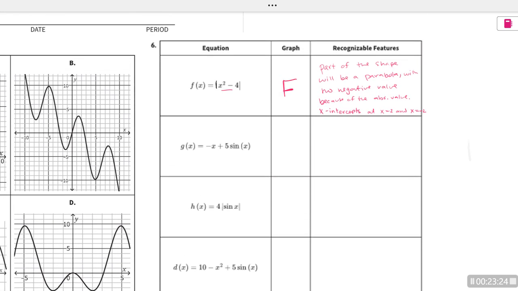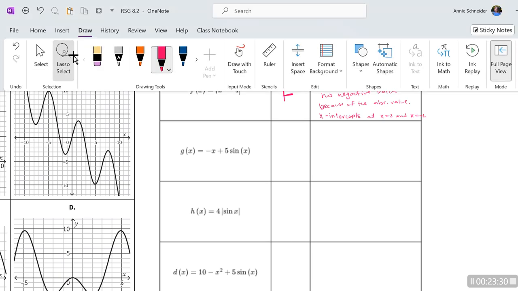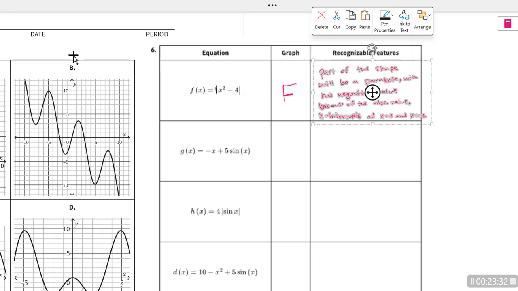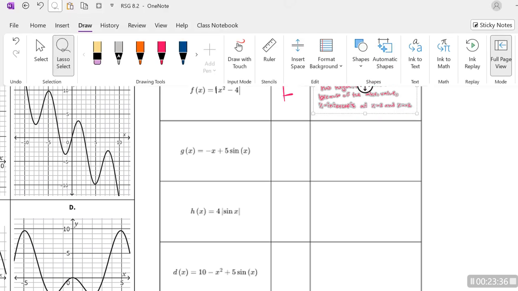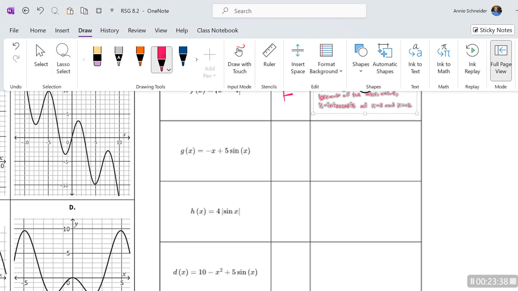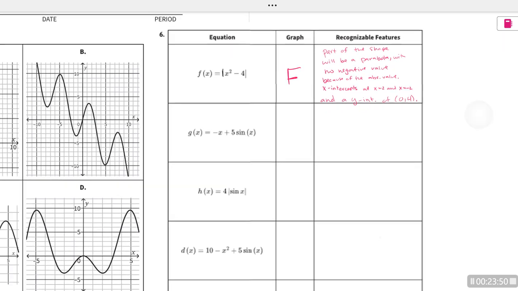So this one has a y-intercept of 4. If we plug in 0 for x there, we do get a y-intercept of 4. So I'm going to add that in there. And a y-intercept of 0, 4. Okay, good.